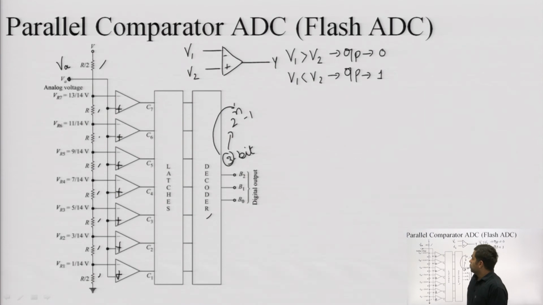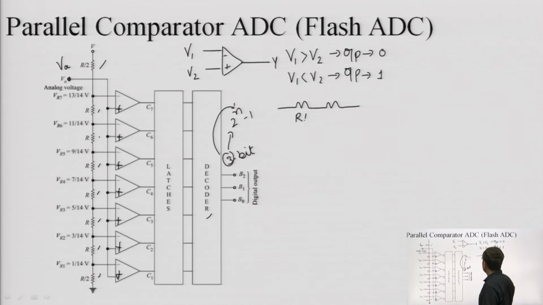If we calculate the total resistance, we have 6 R plus R/2 and R/2 on the above side, so this arrangement.